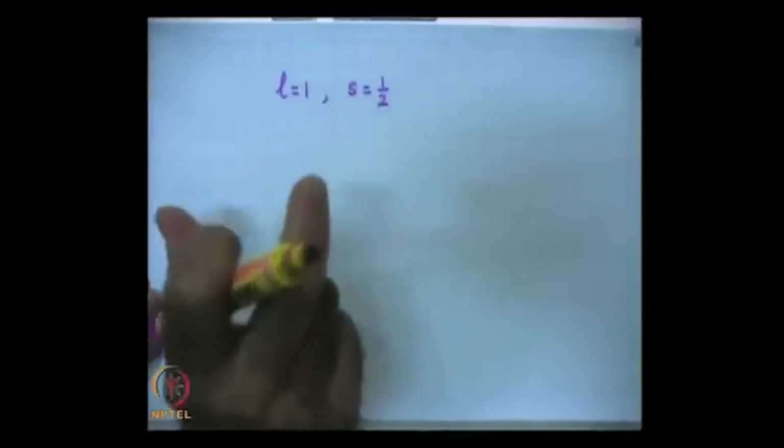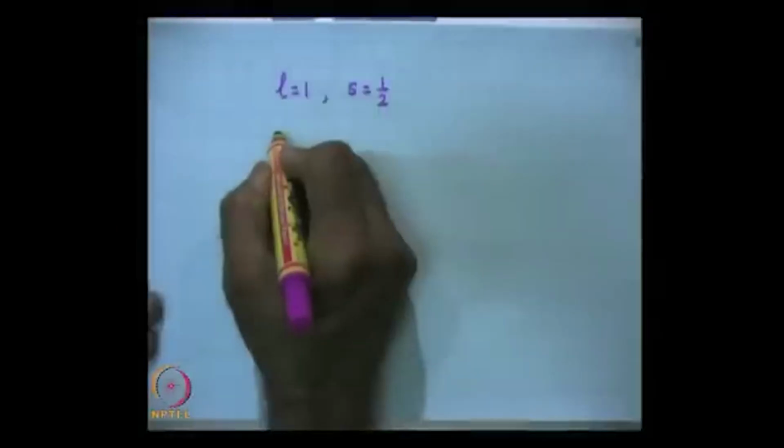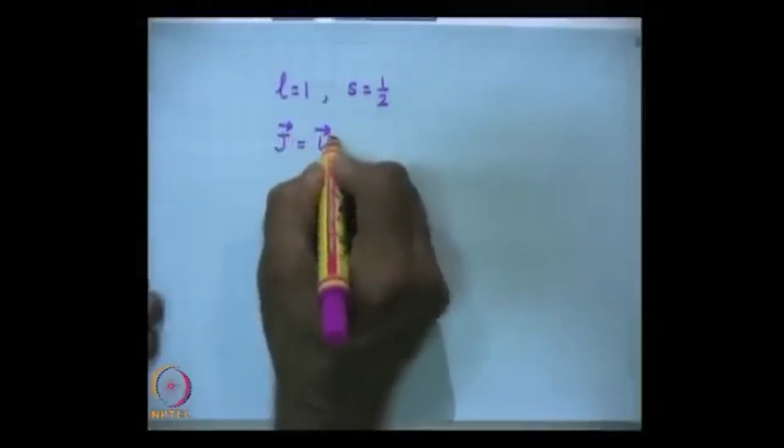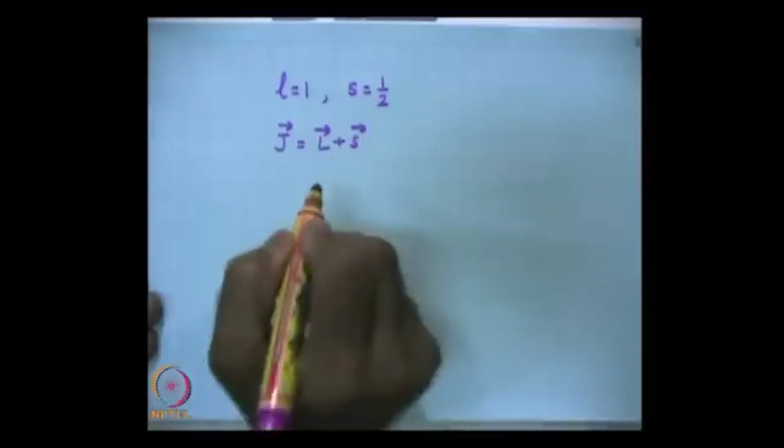So, there is an interaction, as we will discuss later on, between the spin angular momentum and the orbital angular momentum, and this leads to an interaction term in the energy. And therefore, we define the total angular momentum J, which is the vector sum of L plus S.